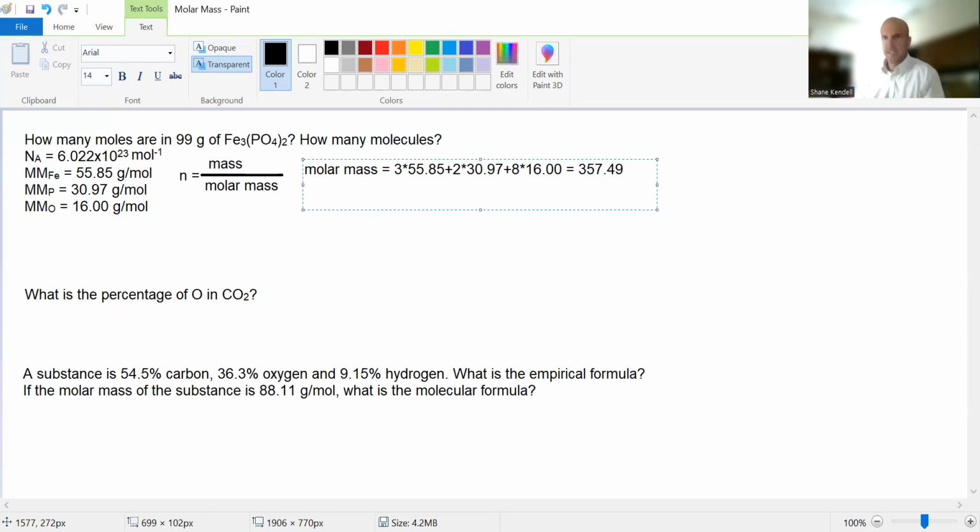And then the units for this are grams per mole. Sometimes you'll see it expressed as AMU, and that's okay. But it's 357.49 grams per mole.